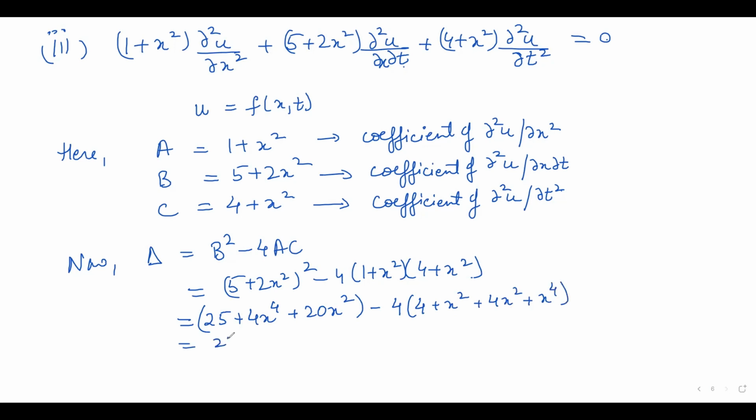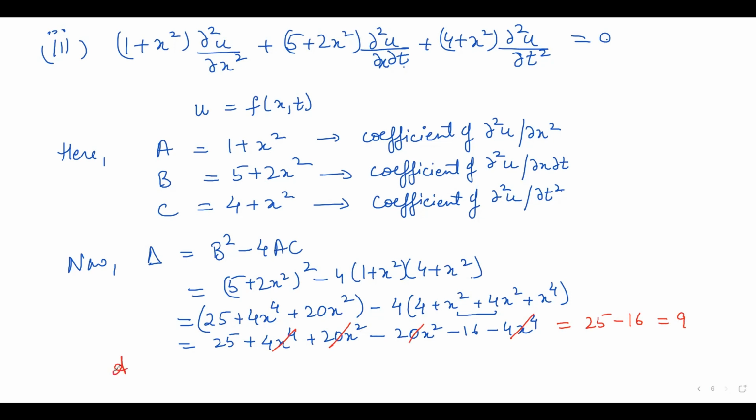Here you would notice this is 5x square. So I'm getting this as minus 20x square. This is minus 16. And this is minus 4x4. So here these cancel out. So I am only left with 25 minus 16, that is 9.